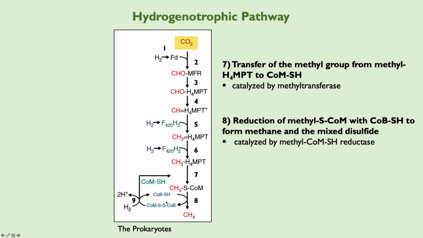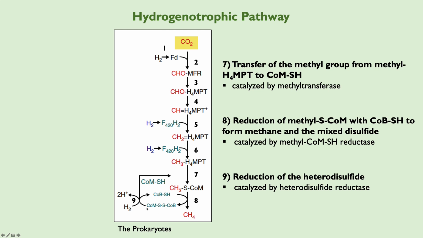And then the final step in the reaction is a final reduction reaction that reduces this mixed disulfide back to regenerate the reduced forms of this coenzyme M and coenzyme B here.